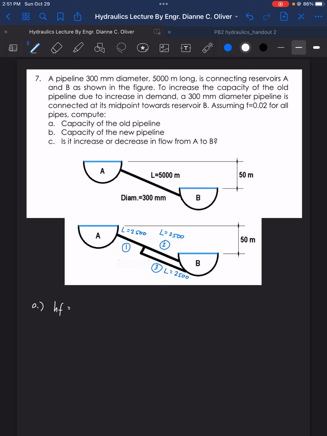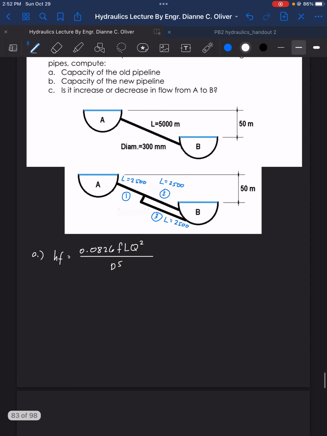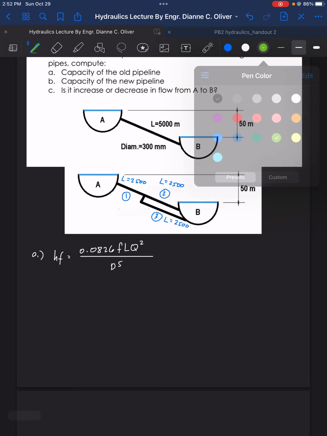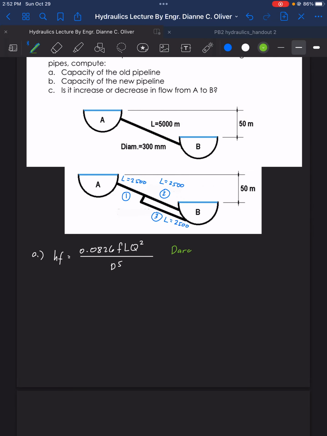So h_f is equal to 0.0826 FLQ squared all over d raised to 5, and that is Darcy-Weisbach.